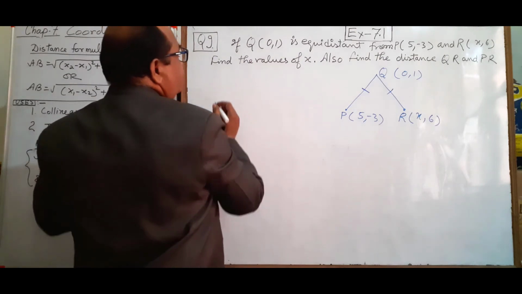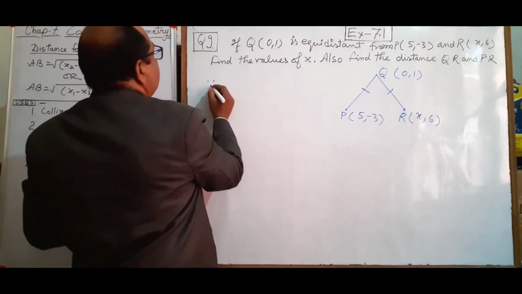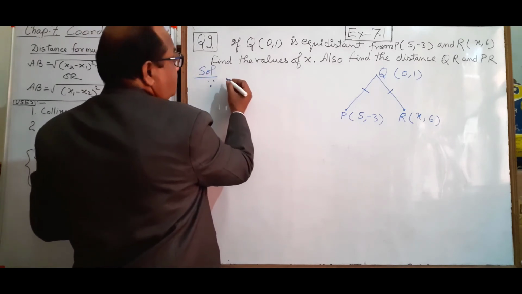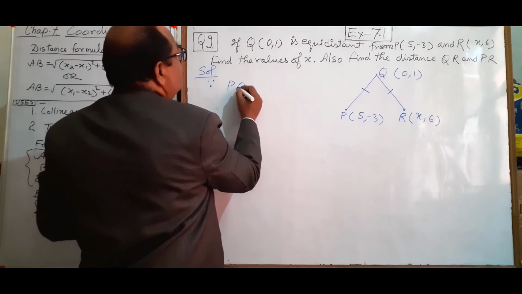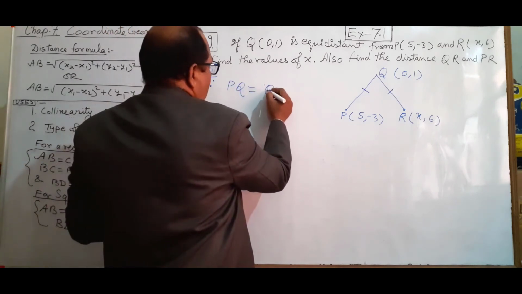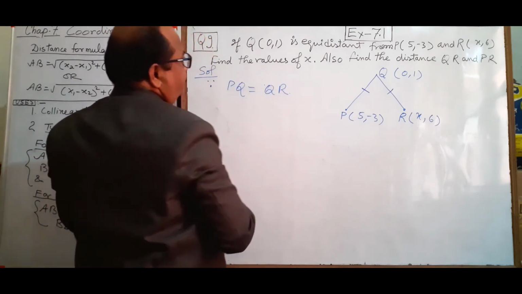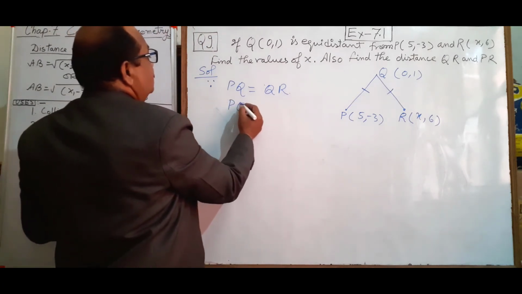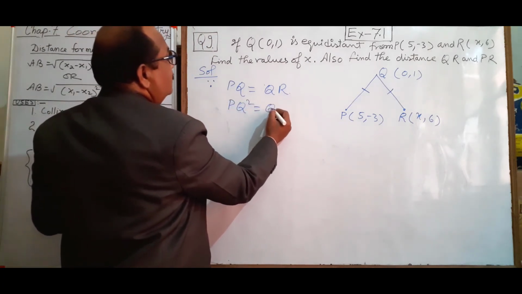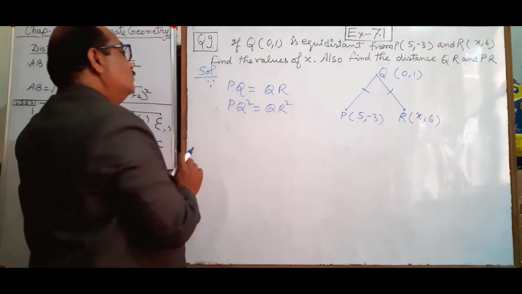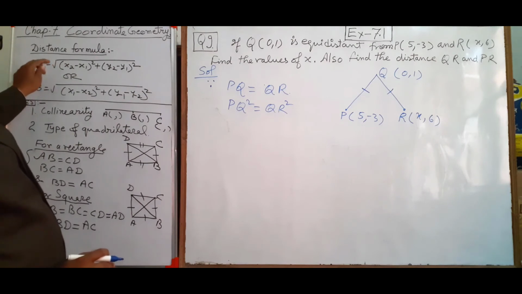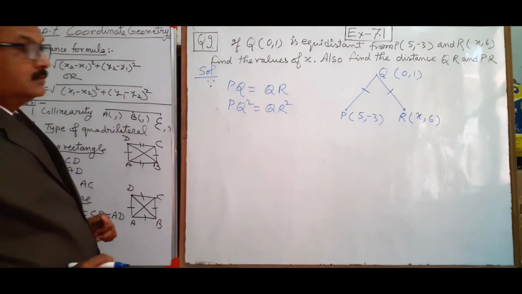Now we will find here, since it is given that PQ is equal to QR, this condition is given. Now putting the value, you can write it again in the form of whole square, so that we cannot use this radical sign.